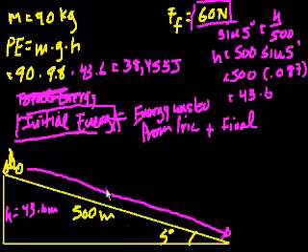But friction isn't acting along the same direction as distance. The whole time friction is acting against distance. So when the force is going in the opposite direction as the distance, your work is negative. So in this case, we could say the work of friction.